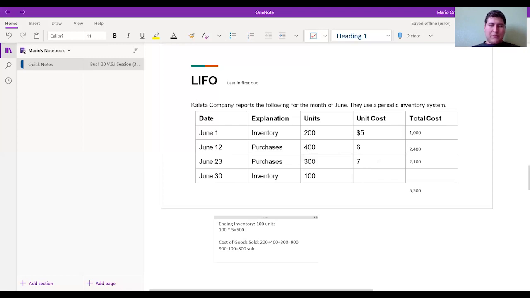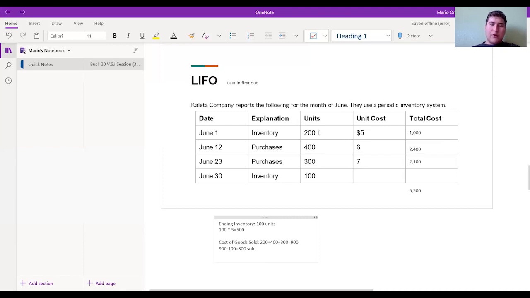So if we do it this way, let's say we start at the June 23rd layer. Those 300 are going to be moved towards our cost of goods sold. The 400 also go towards our cost of goods sold because we sold those 700 units. Then we go to this last 200 units at the $5 cost.